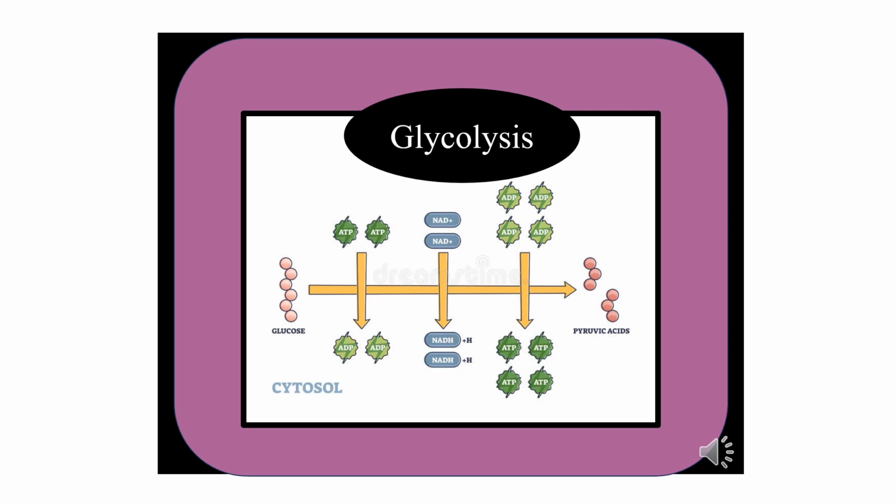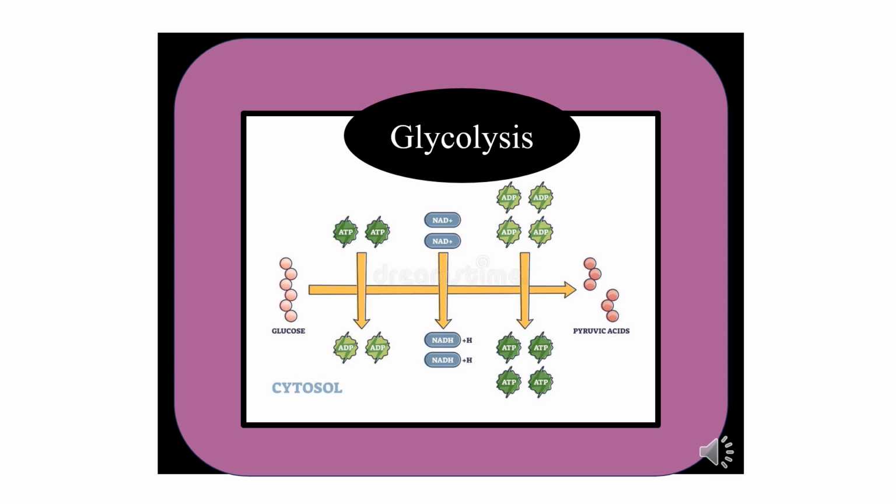And then triose phosphate isomerase converts dihydroxyacetone phosphate into glyceraldehyde 3-phosphate, which is the substrate in the successive step of glycolysis. And in the next step, it undergoes two reactions.